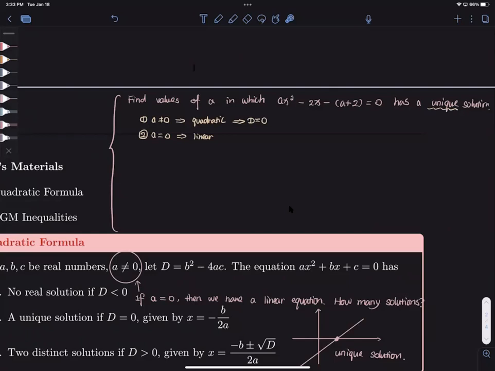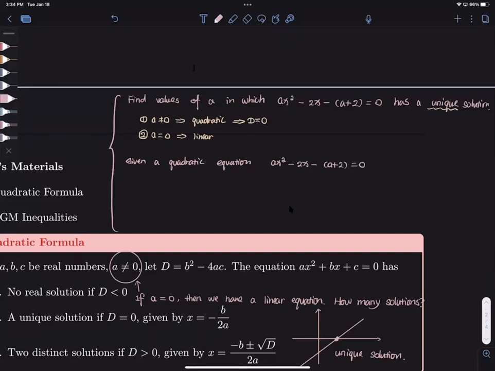They can also give you something like this. They tell you, given a quadratic equation, and I'm going to use the same thing, ax squared minus 2x minus A plus 2 equals 0.